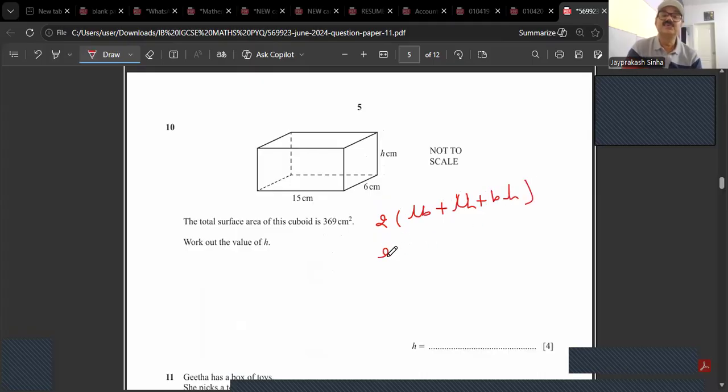So we write here 369 equal to 2 into L into B, 15 into 6, plus length into height, so 15 into H, plus B is 6, into H.